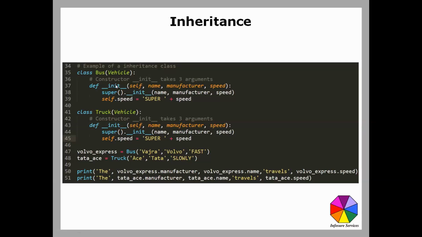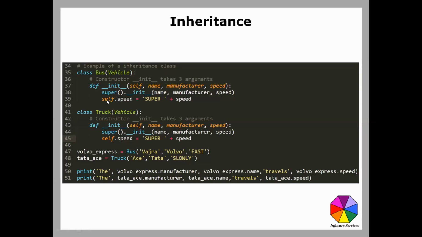Okay, so this is the constructor, and the first line of the child class will always be super dot init. Now these three arguments, name, manufacturer, speed, are passed in while calling the parent class constructor. We are literally calling the super dot constructor of the parent class.